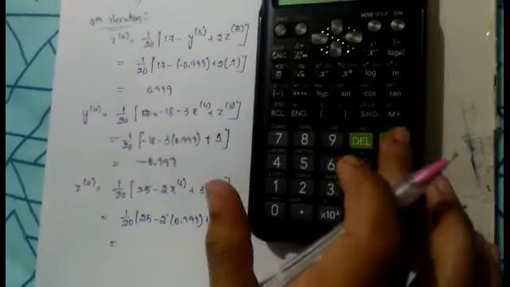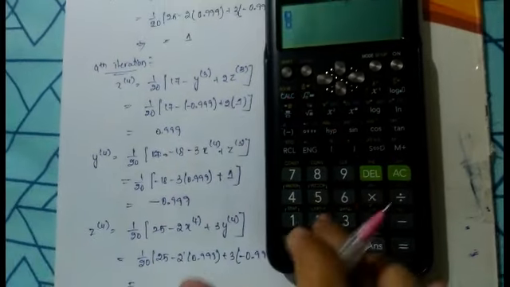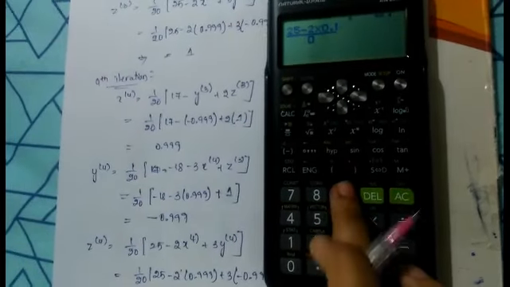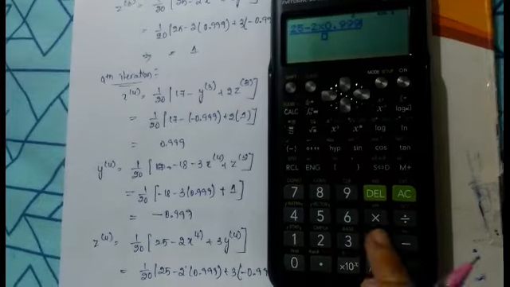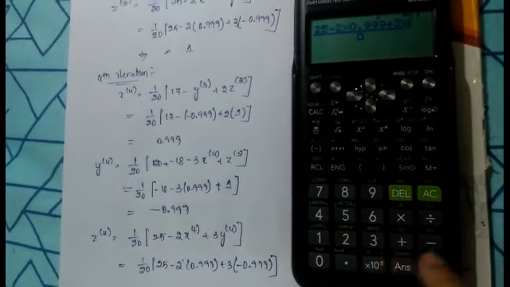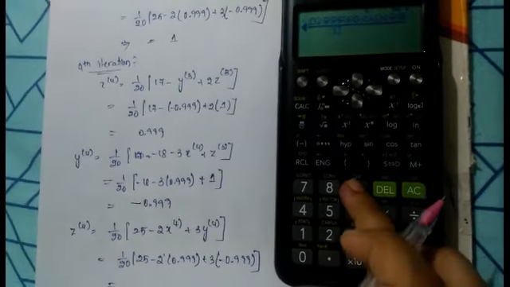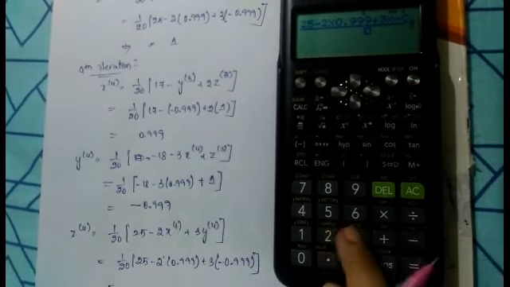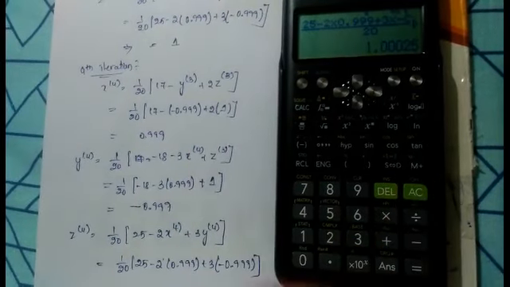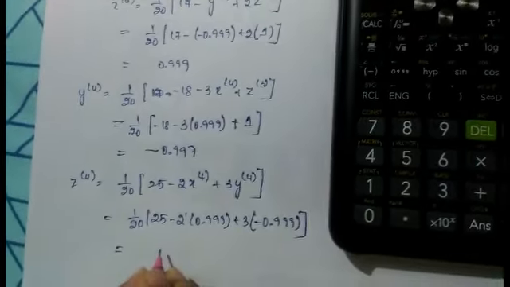Then you will get the value as, click on AC, 25 minus 2 into 0.999 plus 3 into minus 0.999. Get the cursor into the denominator, enter value 20. Click on S by D. You got it as 1.00025. Then that is same as 1.